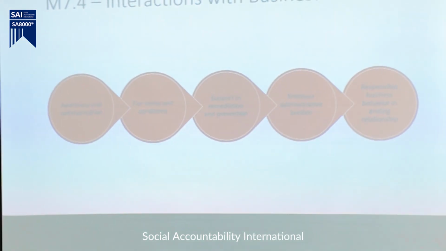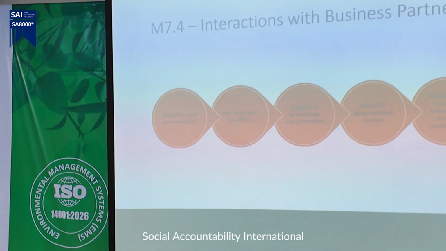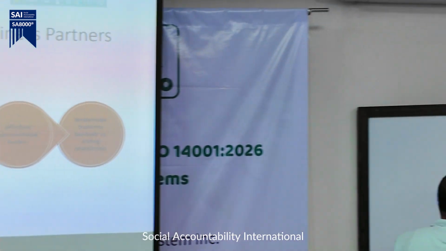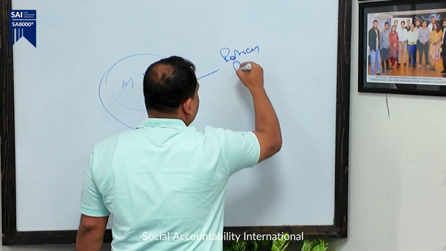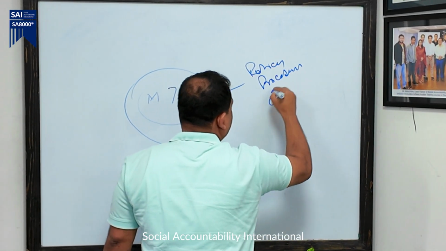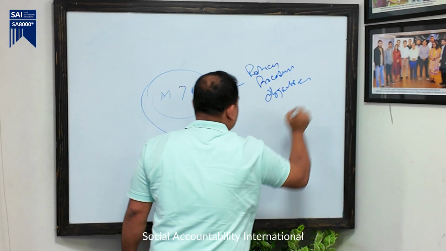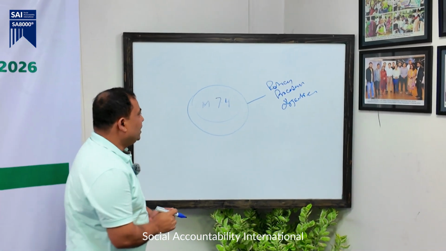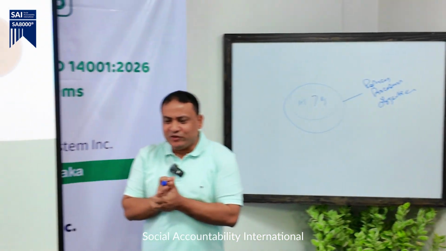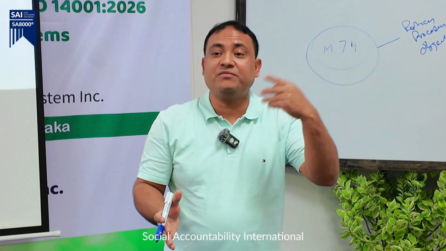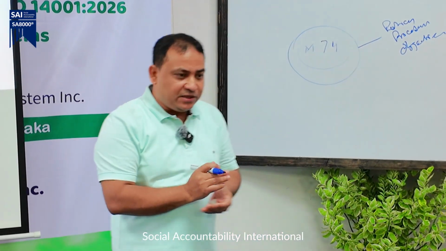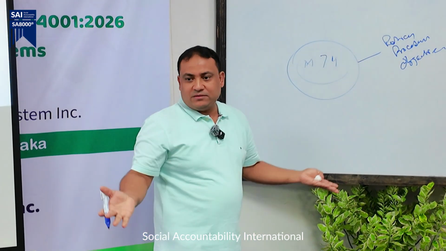The organization shall communicate the requirements of the organization's policy, procedure, objectives, etc. The second requirement is that the organization shall not set such terms and conditions that can undermine the ability of the business partners to respect human rights or to continue responsible business.